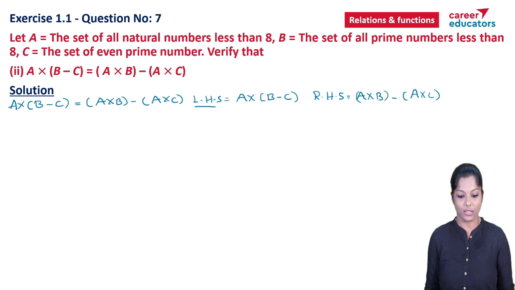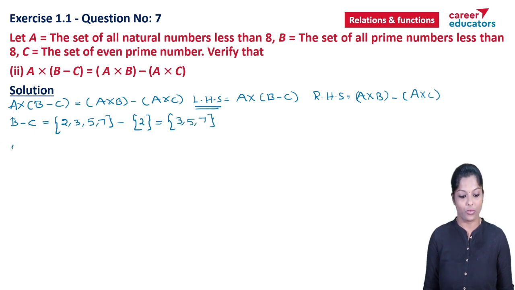To find LHS, we have to find B minus C, then do the Cartesian product of A and B minus C. B minus C equal to, write all the elements of B: 2, 3, 5, 7, minus, write all the elements of C: 2. To find B minus C, we have to exclude the elements of C which are present in B. We will get 3, 5, 7.